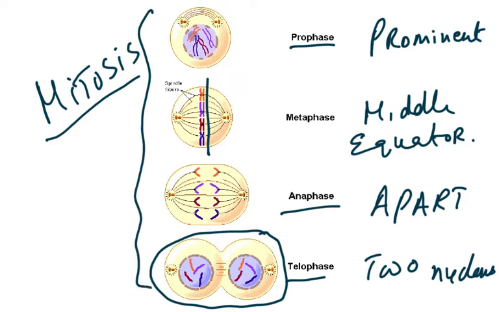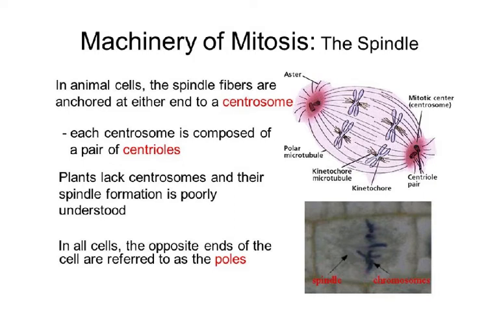Then the machinery of mitosis, the spindle. In animal cells, the spindle fibers are anchored at either end to a centrosome, and this is the centrosome, which has the centriole, and the centrosome is the area around it. Each centrosome is composed of a pair of centrioles. So this is that pair of centrioles that you see here.